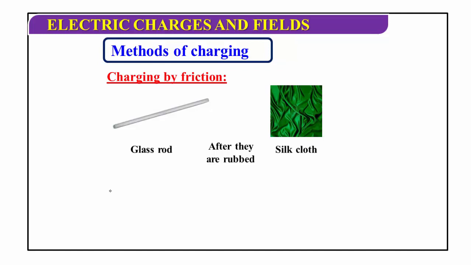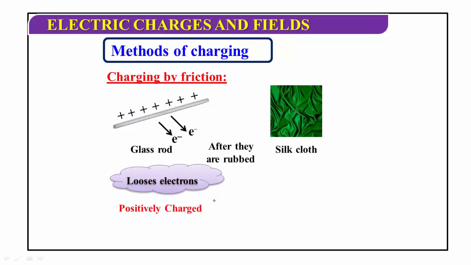Here I have taken the example of a glass rod and silk cloth. When a glass rod is rubbed with the silk cloth, there is a transfer of electrons from the glass rod to the silk cloth.